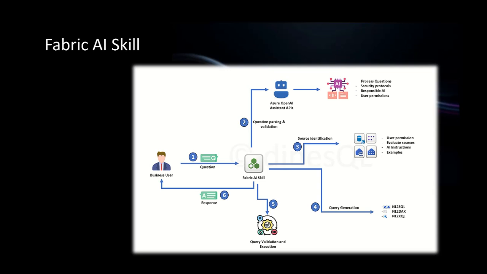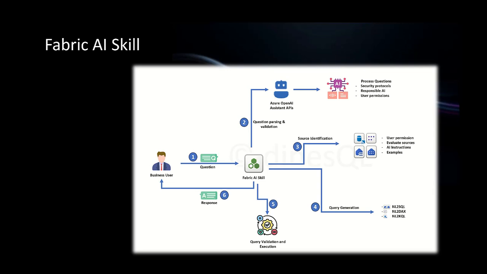Right. So let's say you have enabled everything and your capacity is F64, then you can get one created. Once it is created, you'll see the configuration interface. That's where you configure everything. Currently, Fabric AI skill can be configured with four types of sources.